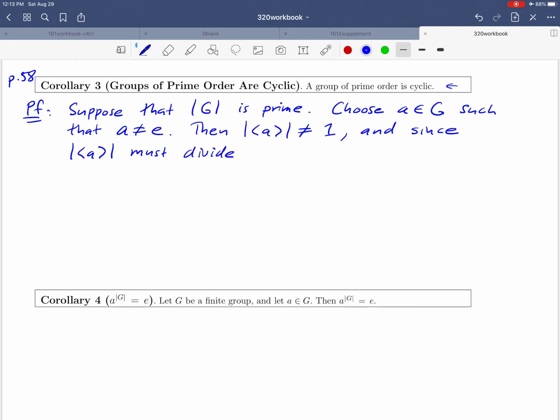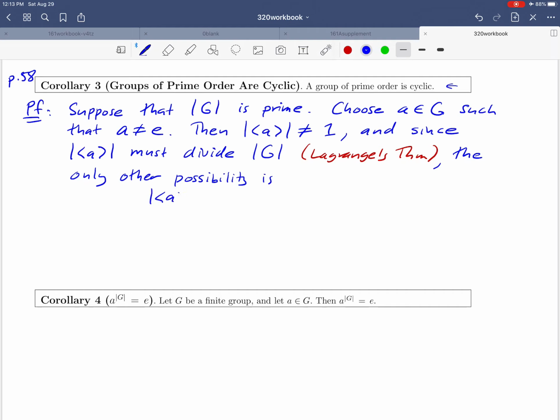Must divide the order of G. And I claim as a result of that, the only other possibility is that the order of the subgroup generated by a is the order of G.